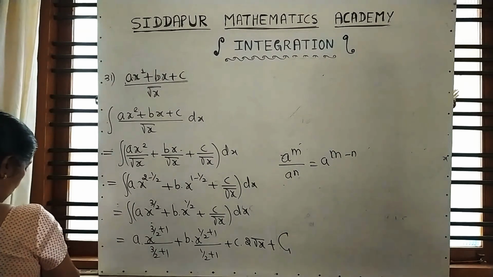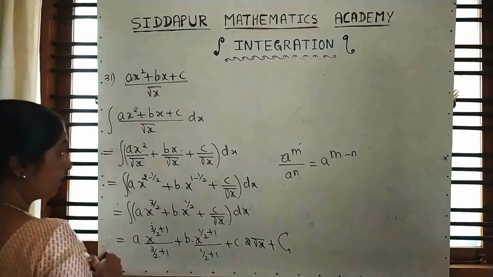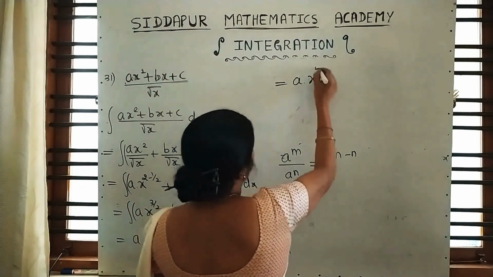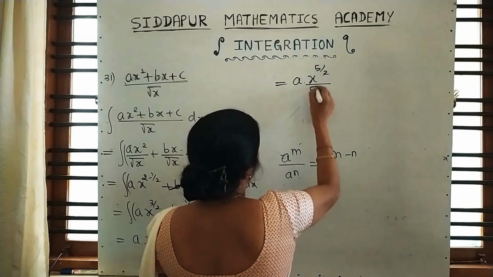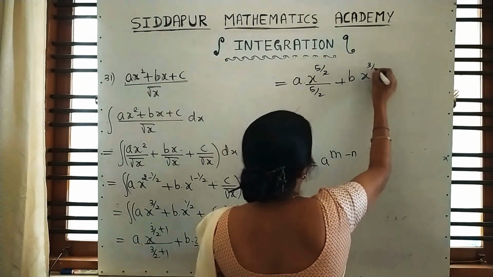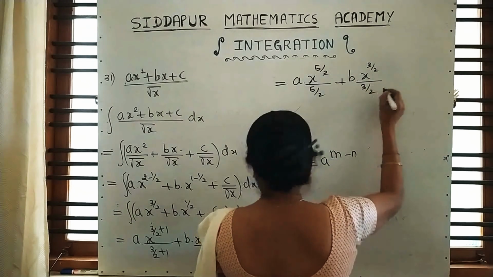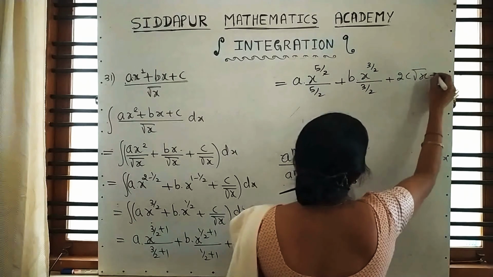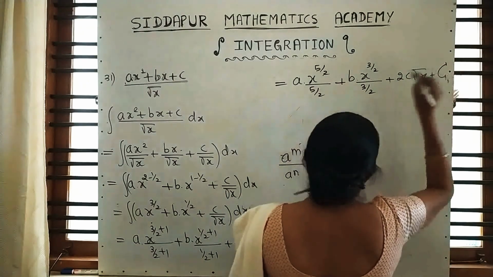Moving to the next step. See, 3 by 2 plus 1 is 5 by 2. A into x raised to 5 by 2 upon 5 by 2, plus b into x raised to 3 by 2 upon 3 by 2, plus 2c into root x plus c, capital C or C1.